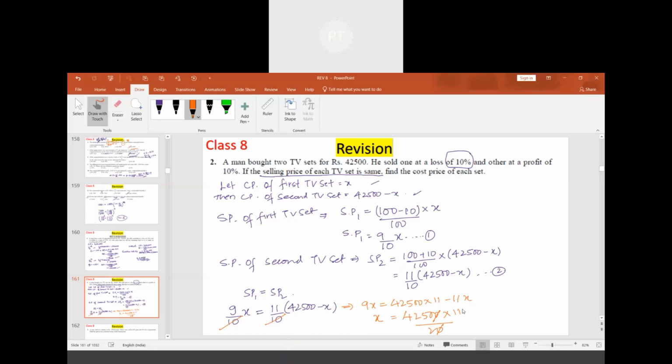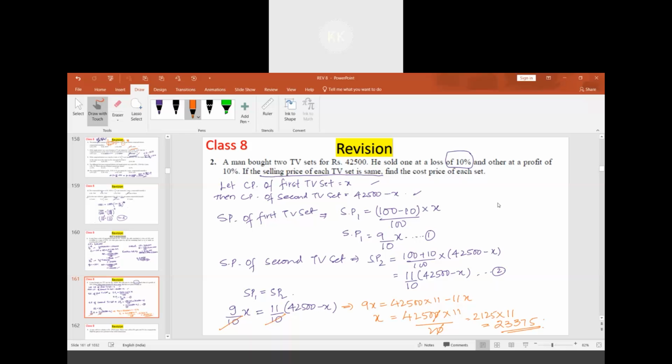The zeros get cancelled, and we can cancel by 2, giving 2125 into 11. When we add this, we get 23375. 23375 is the value of X.